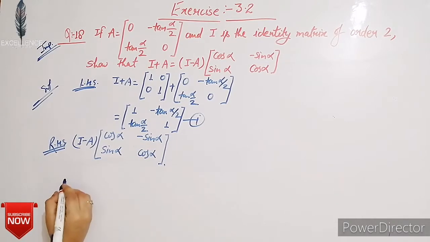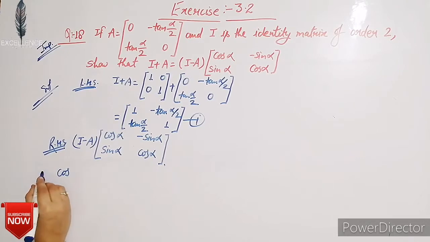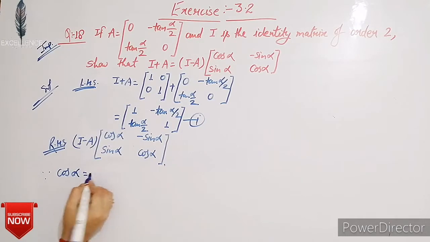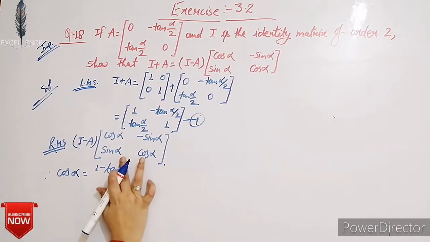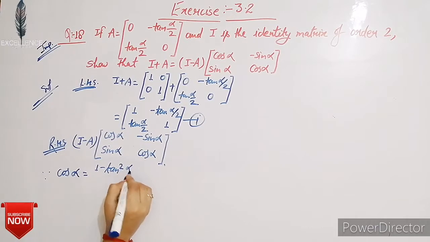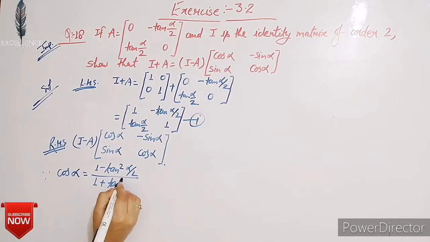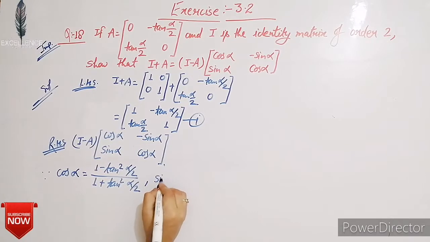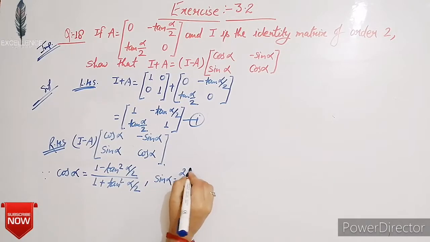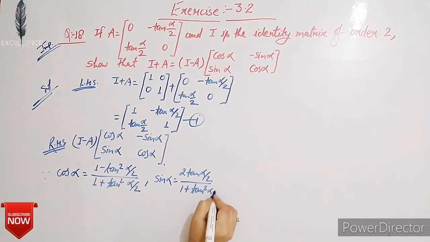Okay. From trigonometry we know that cos alpha can be written as 1 minus tan square alpha by 2 upon 1 plus tan square alpha by 2, and sin alpha can be written as 2 tan alpha by 2 upon 1 plus tan square alpha by 2.